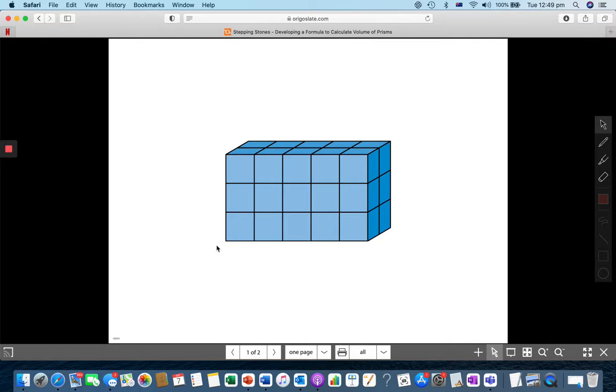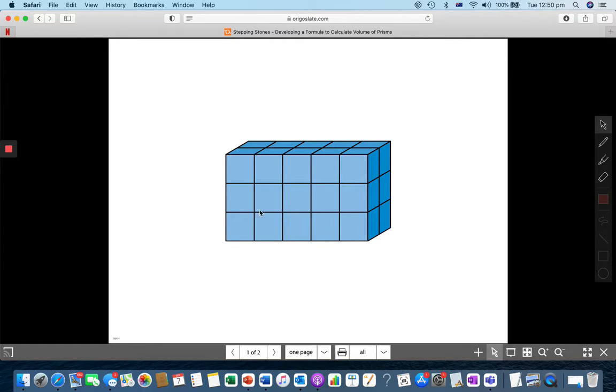So the next question would be, what steps would you use to work out the total number of blocks without counting each one? Well, maybe you can count each block in one layer. You can go 1, 2, 3, 4, 5, 6, 7, 8, 9, 10, 11, 12, 13, 14, 15. And you know you've got 2 layers of that.